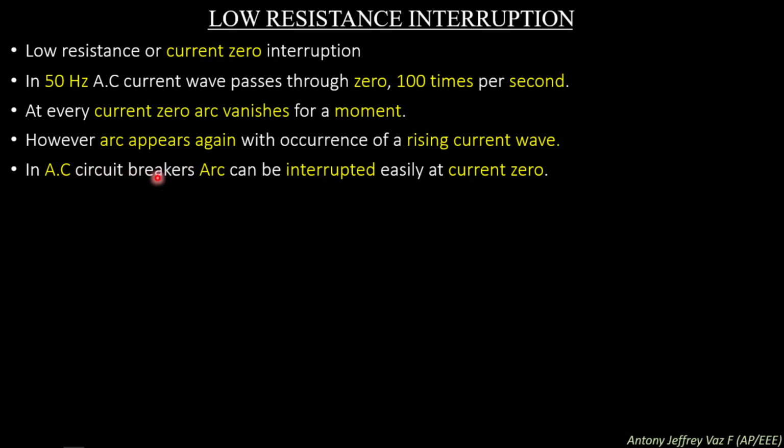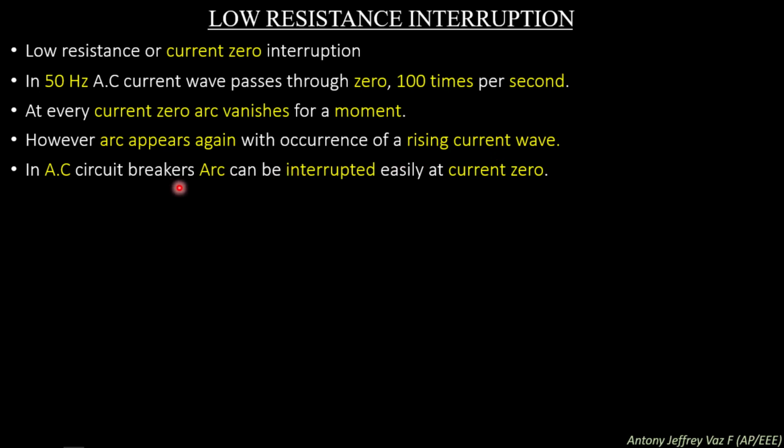In AC circuit breakers, the arc can be interrupted easily at current zero. The arc appears again because after the current zero position, the current starts to increase, that is the rising current wave. So the arc has a tendency to restrike.